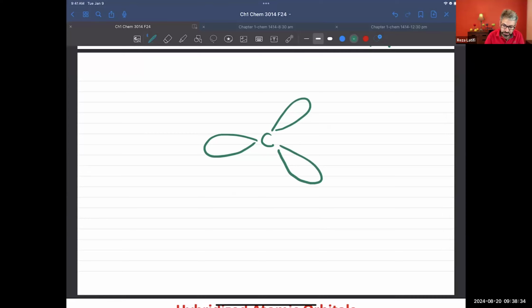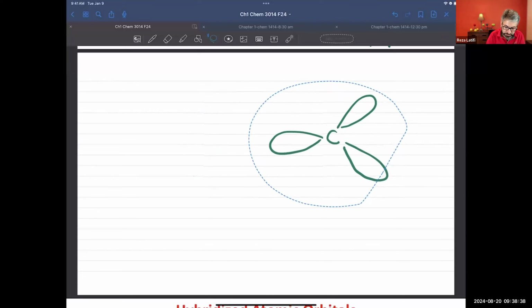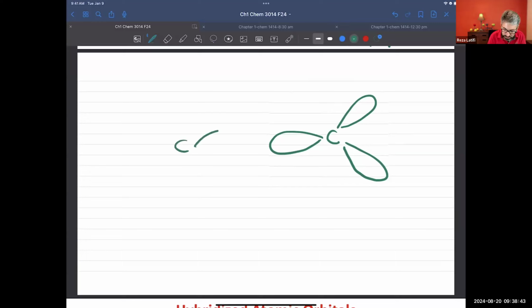Remember, carbon is a group 4, so I have another carbon here.